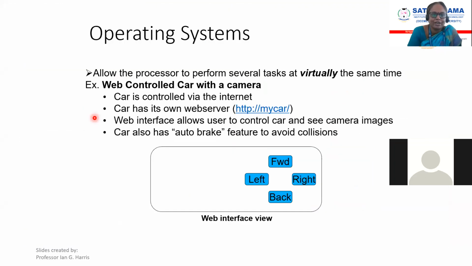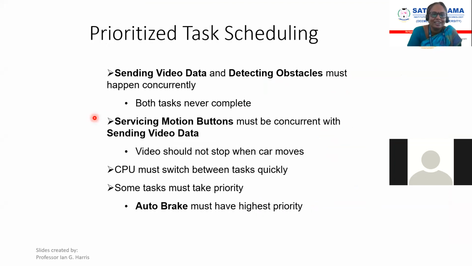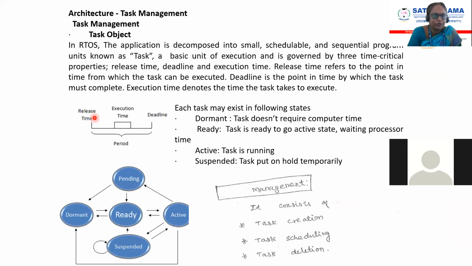Actually, in task management we have seen what a task is, and we compared one task in a web controlled car, and how we have to allocate our task, and what the states available are: dormant, ready, active, suspended.